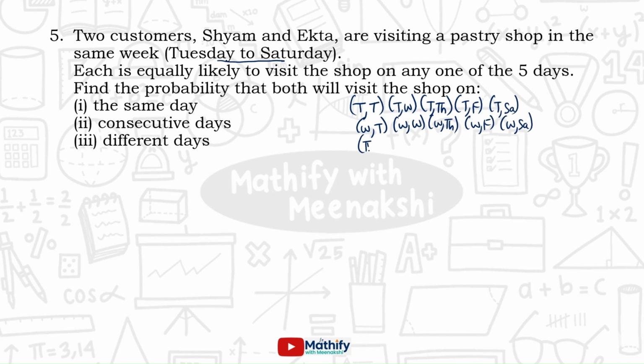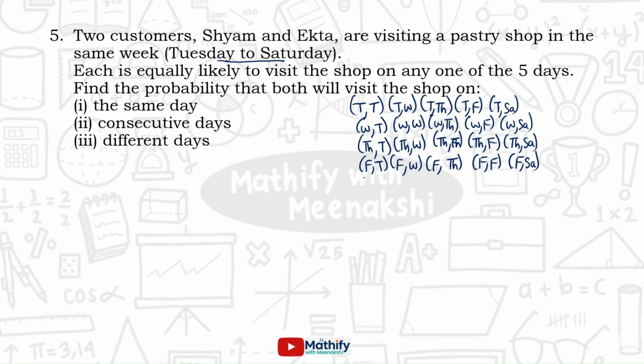Similarly, now we fix Thursday: Thursday-Tuesday, Thursday-Wednesday, Thursday-Thursday, Thursday-Friday, Thursday-Saturday. Now Friday is fixed: Friday-Tuesday, Friday-Wednesday, Friday-Thursday, Friday-Friday, and Friday-Saturday.